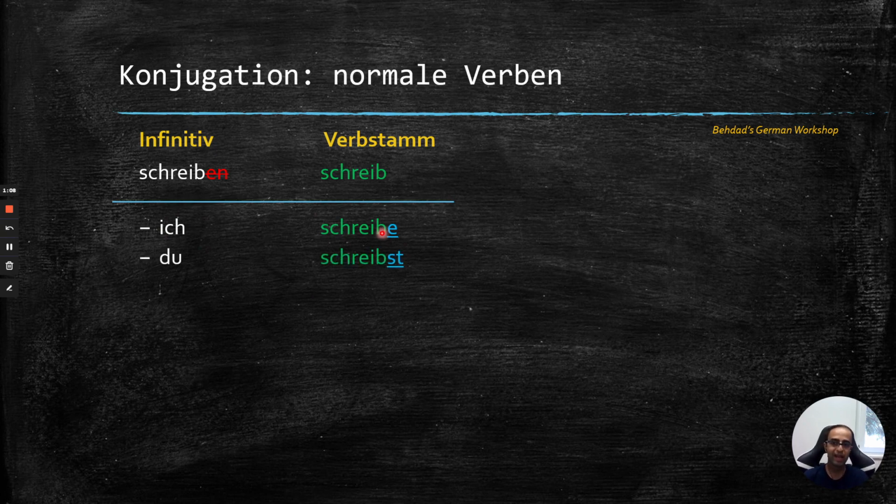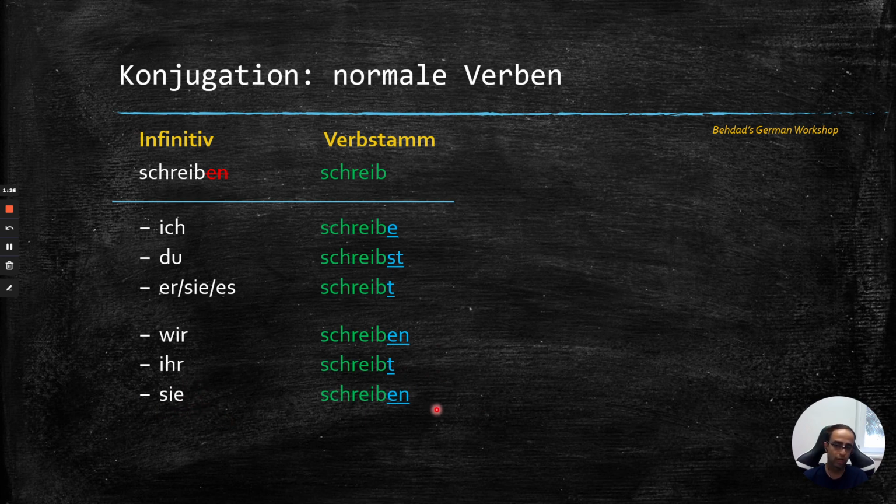Du schreibst. For du, there's an st at the end. Sie, es, he, she, it, schreibt, with a t at the end. Wir schreiben, with an en at the end. Ihr schreibt, with a t at the end. And sie schreiben, they write, with an en at the end, and of course, Sie, formal, schreiben.